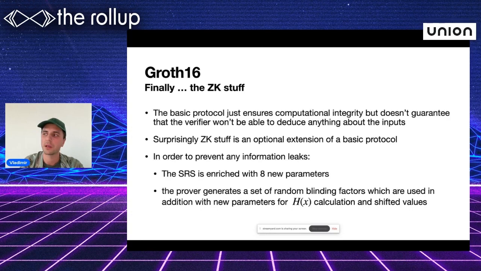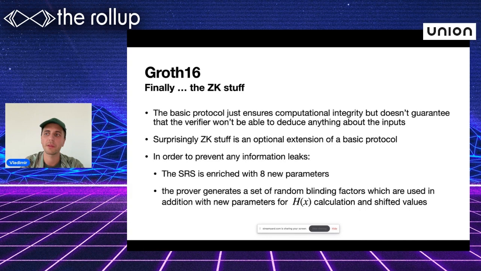So surprisingly, the zk stuff is optional, and it can be added as an extension of the protocol. It basically adds some noise to all the variables. These are random variables that are generated during the setup phase and by the prover.